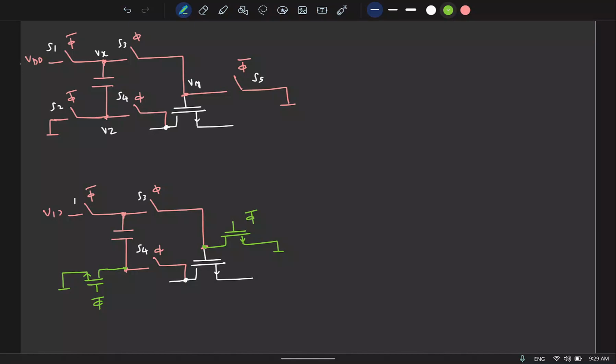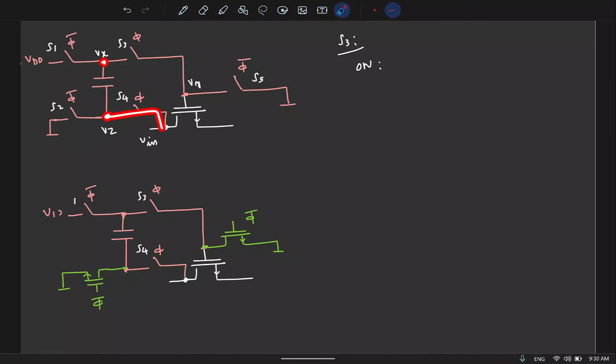Great. So now let's look at S3. When the switch is on, it is trying to connect Vx to Vy. And remember, this is going to be my input voltage, Vin. So this will be connected to Vin.